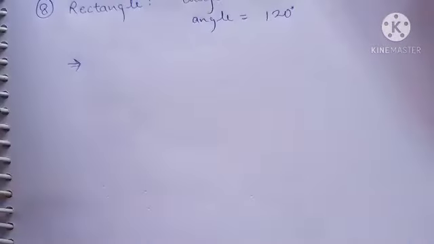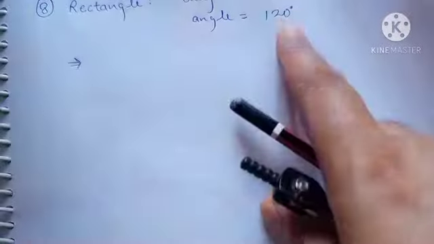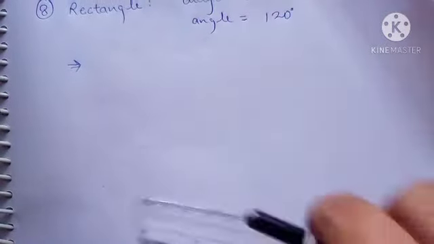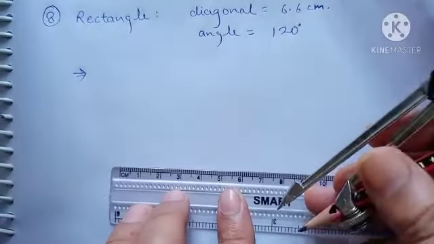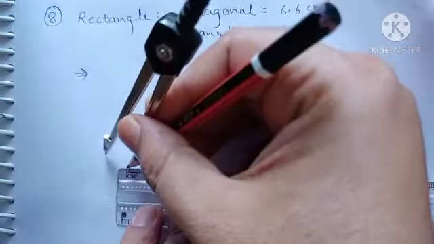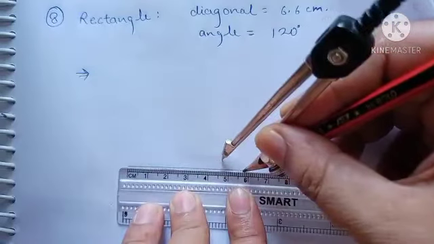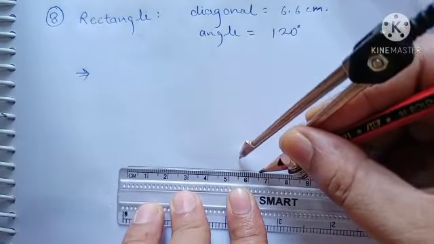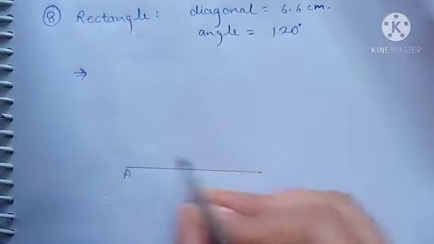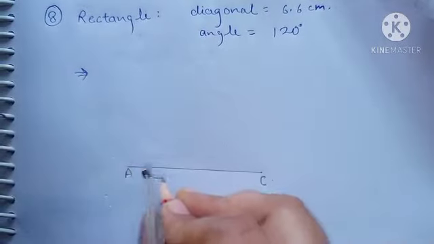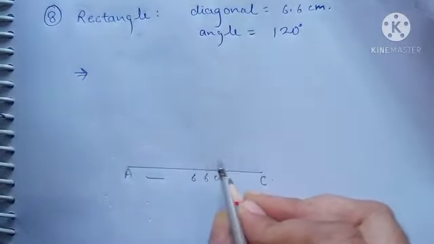we have to construct a line segment of 6.6 centimeter. This is the diagonal AC, which is 6.6 centimeter long.